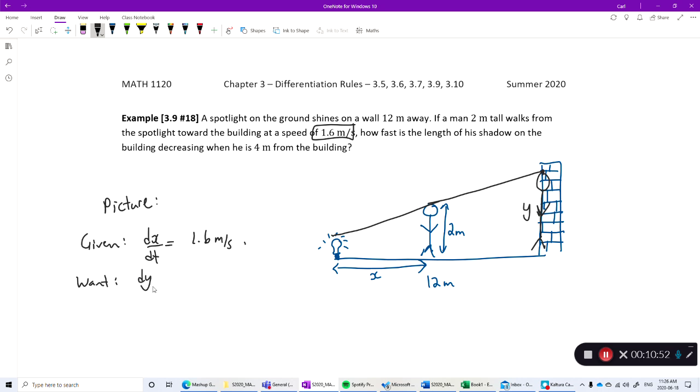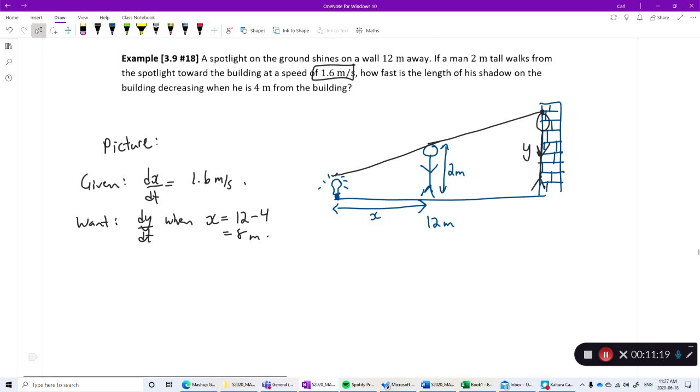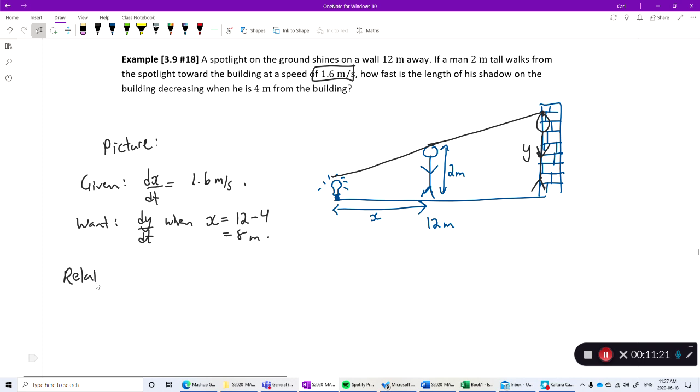We want dy dt when he is 4 meters from the building. So that would be when x is 12 minus 4, because when this is 4 meters here, then x will be 12 minus 4. So that's 8.